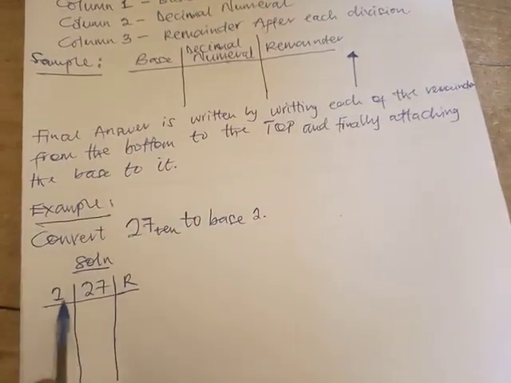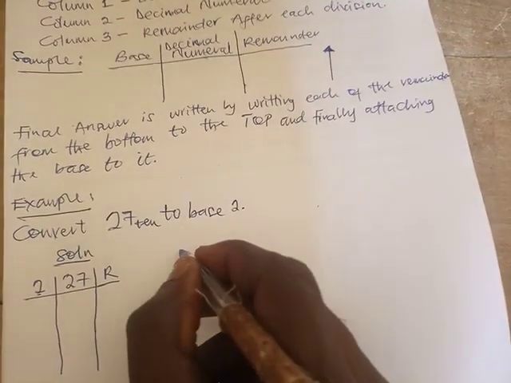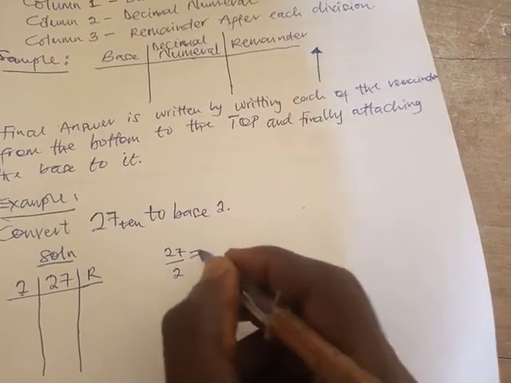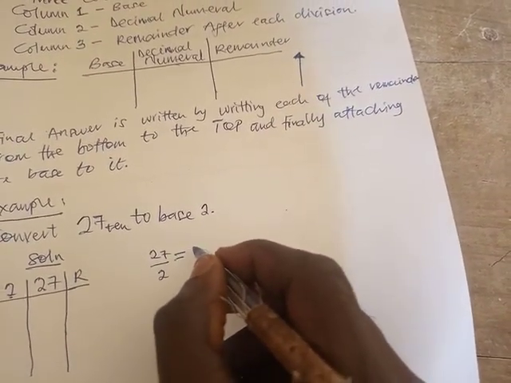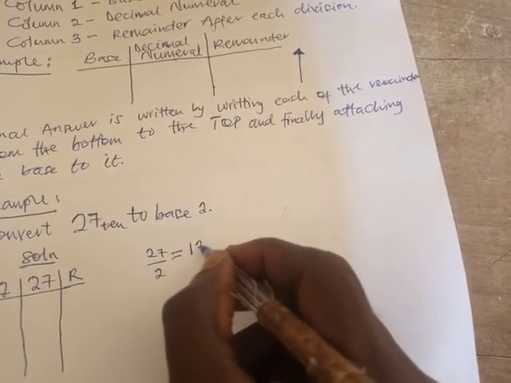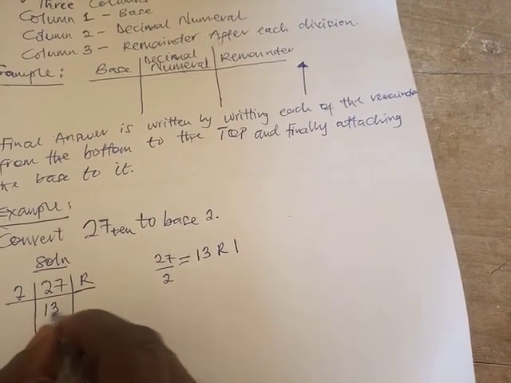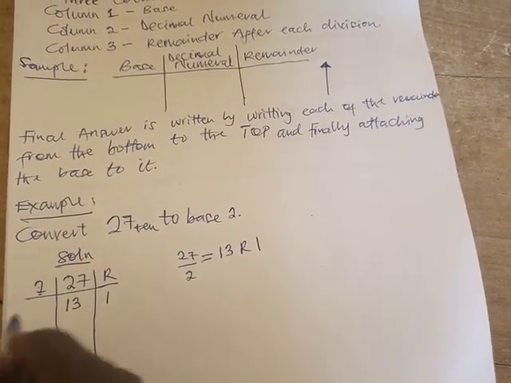Very good. Now the question is, how many times will 2 go into 27? So 27 divided by 2. 2 goes into 27, we have 13, remainder 1. So write 13 here, remainder 1. Now how many times will 2 go into 13?